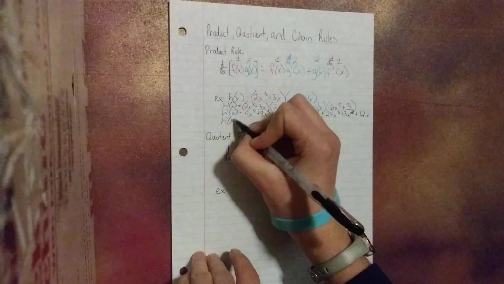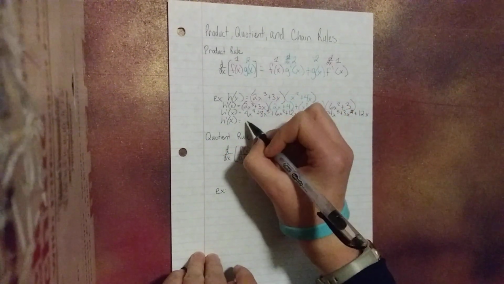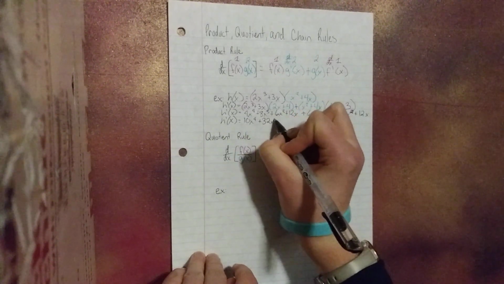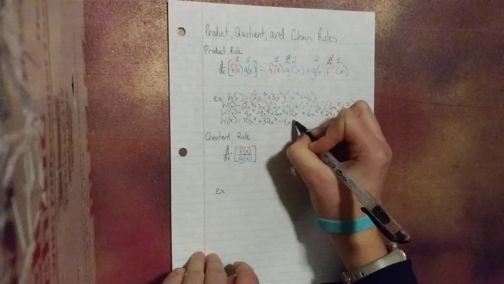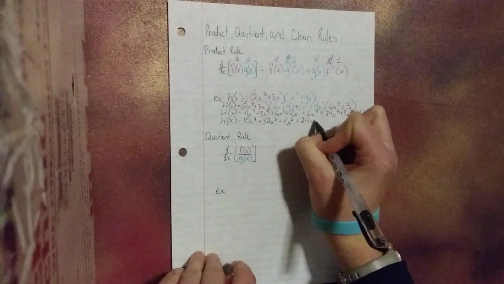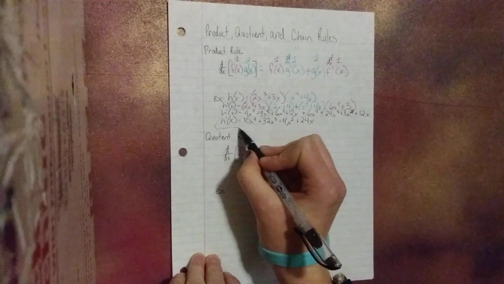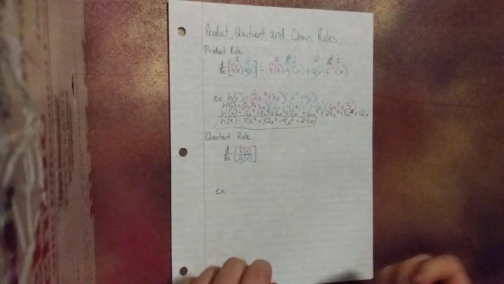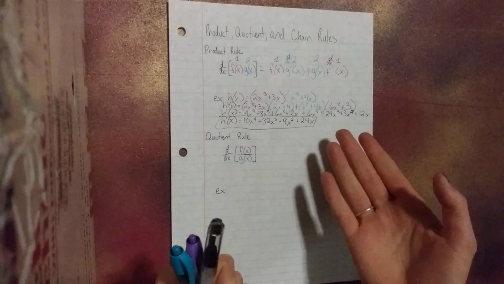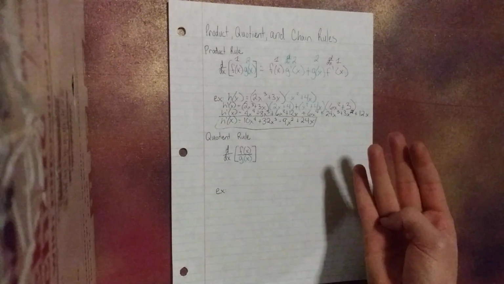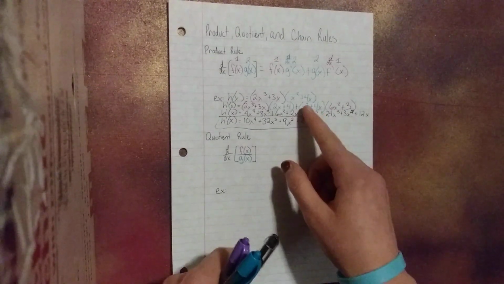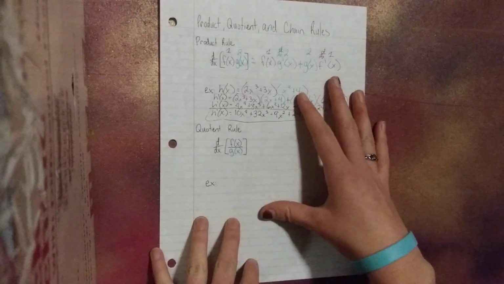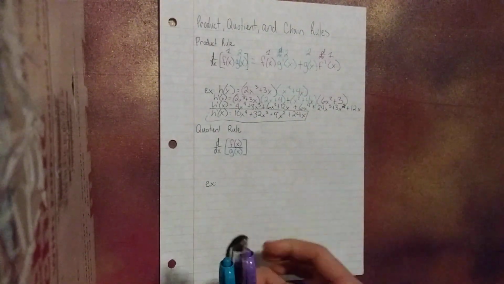So the derivative of this equation then results to be 10x to the fourth plus 32x cubed plus 9x squared plus 24x. And we figured it out using the product rule. And this is a pretty simple equation, and there are some where you can't FOIL it out, or it's a lot harder to FOIL it out than to use this method, but it's a pretty handy rule.